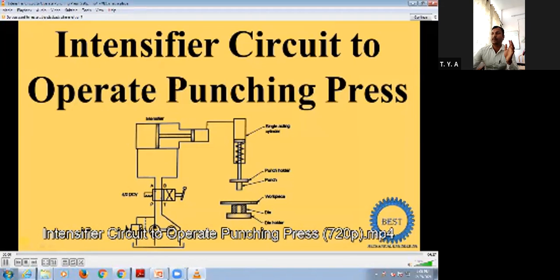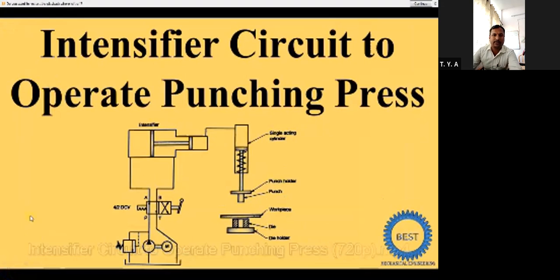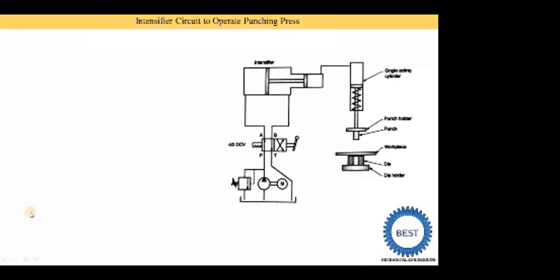Practical oriented. In this video, I explain intensifier circuits to operate a punching press. First I explain what an intensifier is. In fluid mechanics you already studied intensifiers. From the name we can understand that the intensifier is used to increase the intensity of liquids, which may be water or oils.